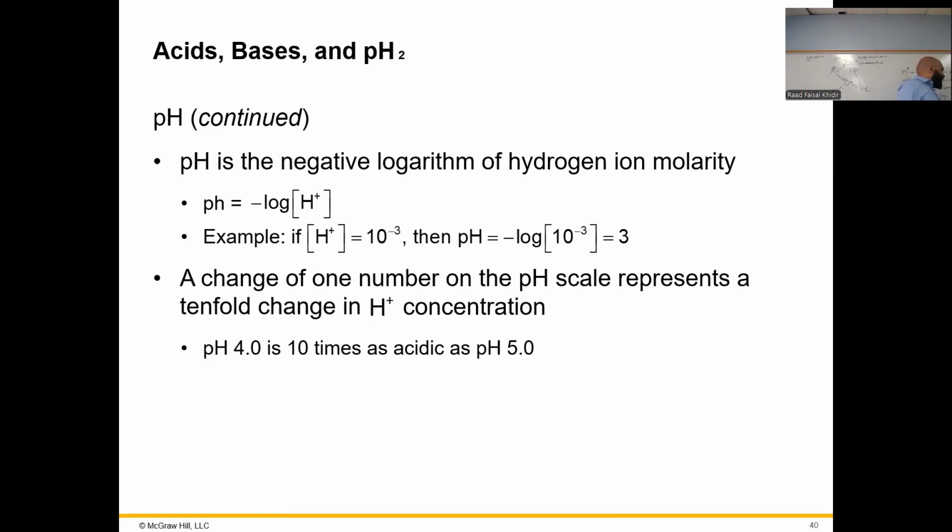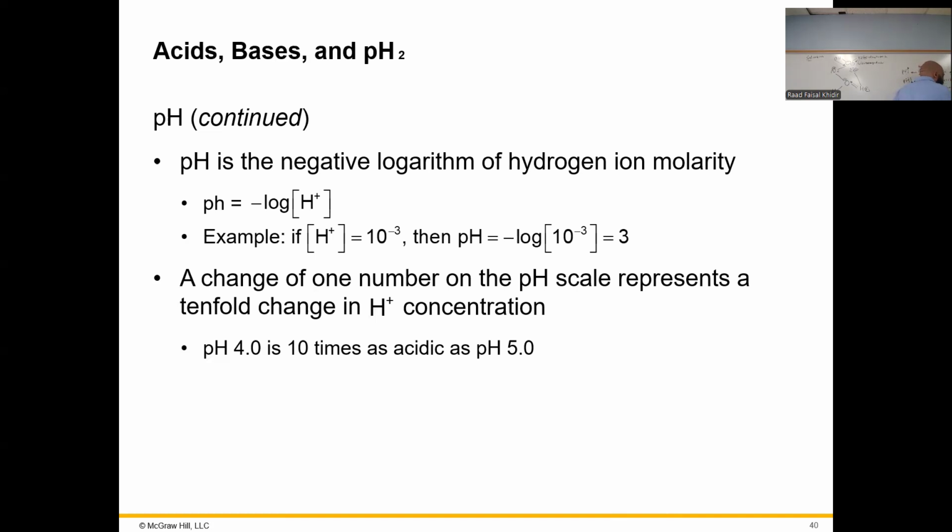How much hydrogen proton concentration do you have? When I calculate that in millimoles, if I take the negative log of that, it will give me the pH. This is a logarithm. We don't have to go into the details of the math of what a logarithm is, but we need to know that we relate the pH to the negative log of the hydrogen proton concentration, not the OH.